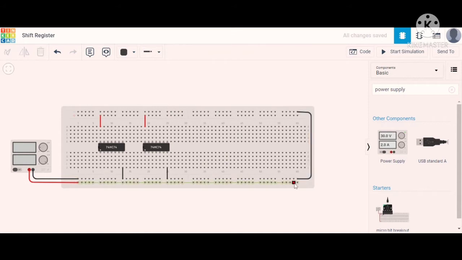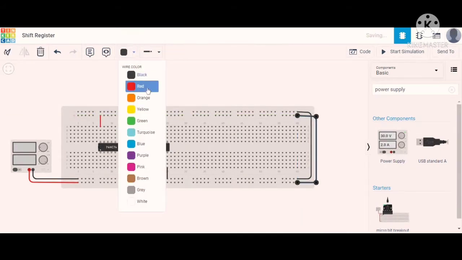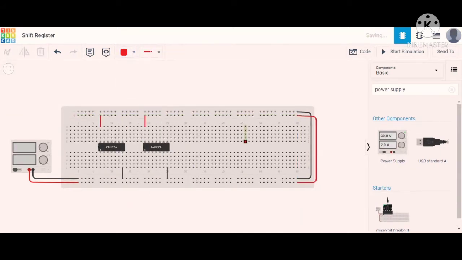For the positive, we connect the positive layer of the horizontally shorted slots together in this manner, and give the wire the color red.